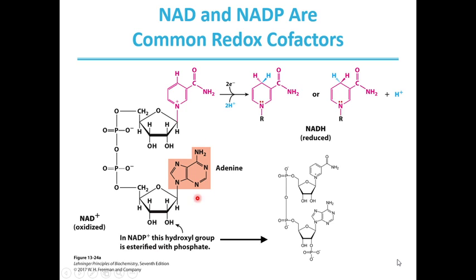You have the adenine, ribose, which is attached to phosphate, two phosphates, in fact, to another ribose that is attached to a nicotinamide ring. This is called a nicotinamide, and hence the name nicotinamide adenine dinucleotide.